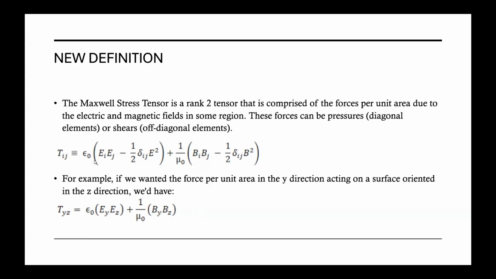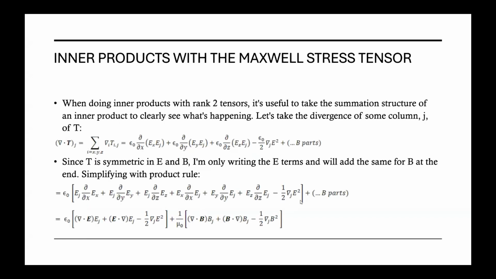And so, yeah, this is a force per unit area, and then we want to plug this into the force density equation somehow. And so we do that by taking the divergence of it. And when we take the divergence, we want to use the inner product notation, the summation notation. And so this allows us to see clearly how to do an inner product with a tensor here.